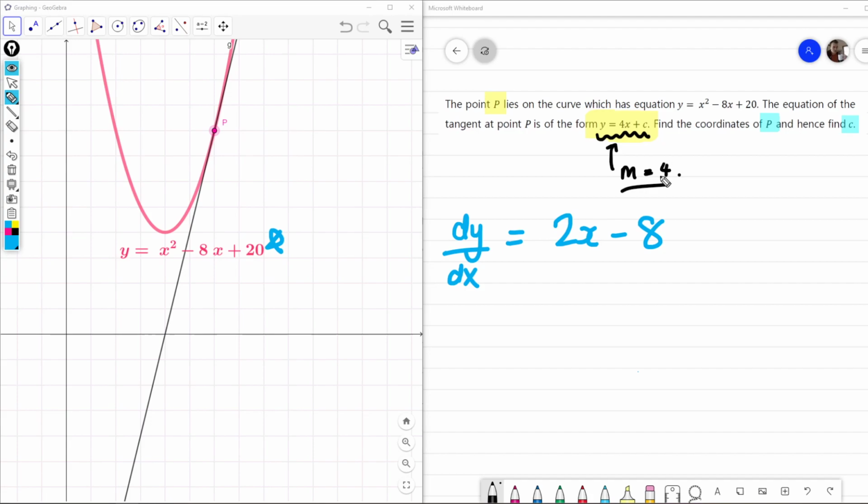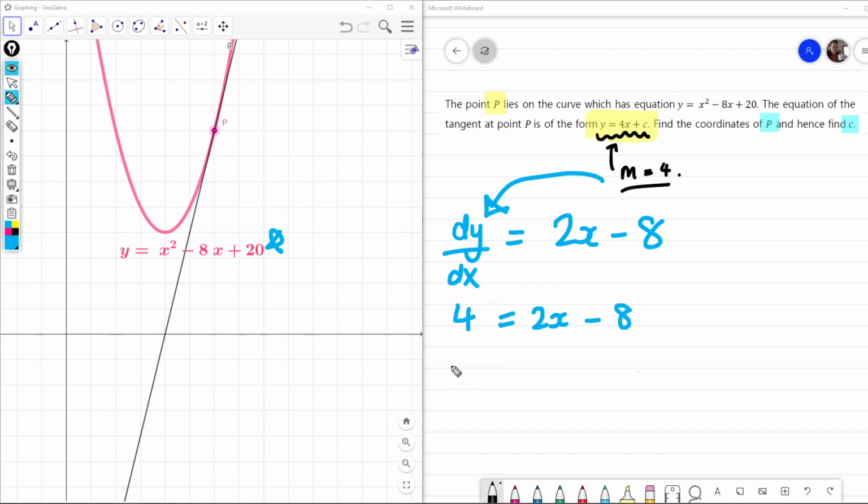So I can plug in 4 for dy dx because that represents my gradient. So I'm going to replace dy dx with 4, and then my problem becomes asking where on the curve is the gradient 4, and I will get an x value out, so I'll get part of a coordinate out.